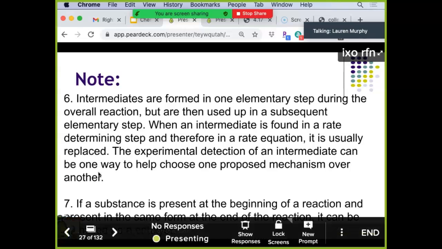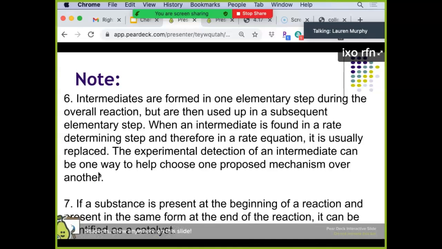The opposite of an intermediate is a catalyst. So catalysts start off the reaction. The whole point of a catalyst is to get a reaction to occur. So you will see the catalyst right at the beginning of the reaction go in, but it will come out as a product at the end of the reaction unchanged. It doesn't change its identity because catalysts don't actually behave chemically.